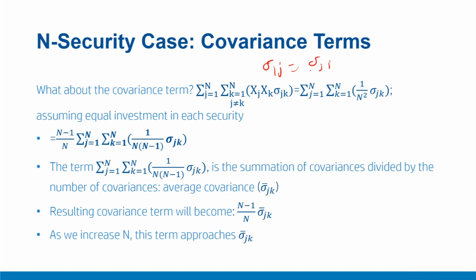Therefore, if we present the covariance terms like this, that is summation j equal to 1 to n, summation k equal to 1 to n, xj xk sigma jk, which is equal to ultimately summation of j equal to 1 to n, k equal to 1 to n, into 1 upon n square sigma jk.